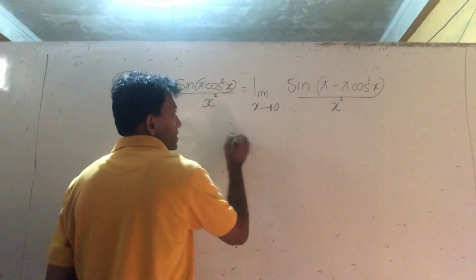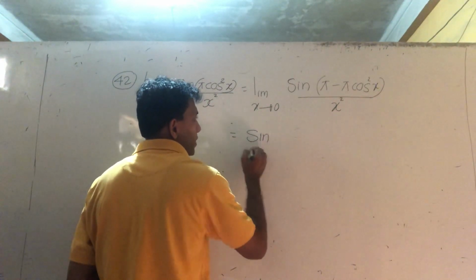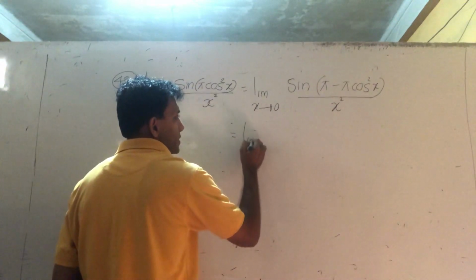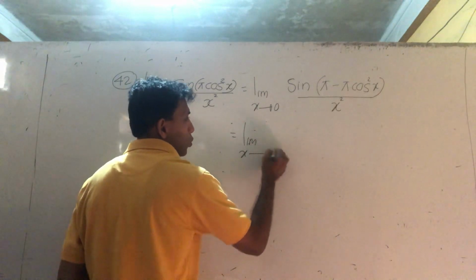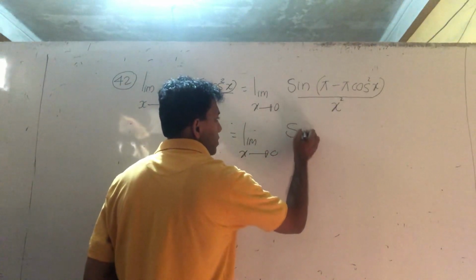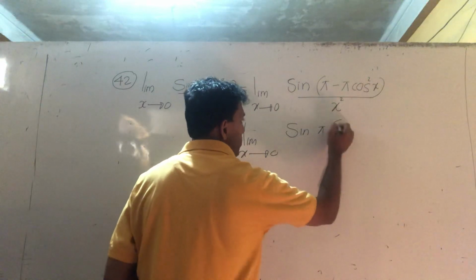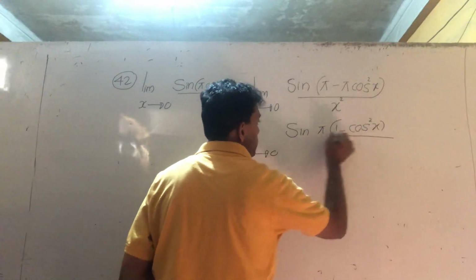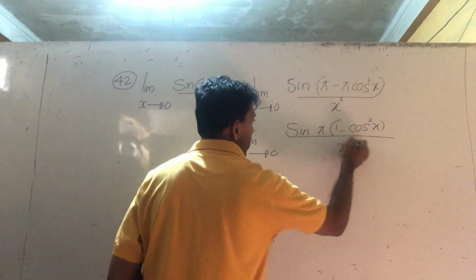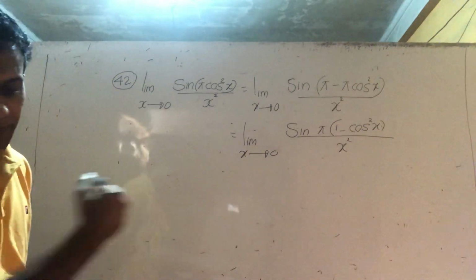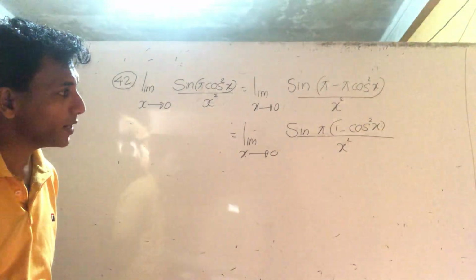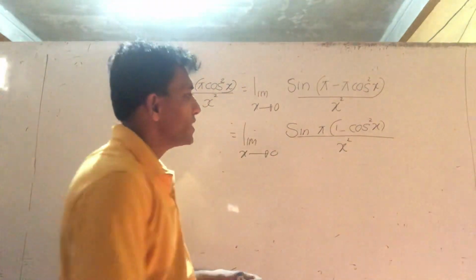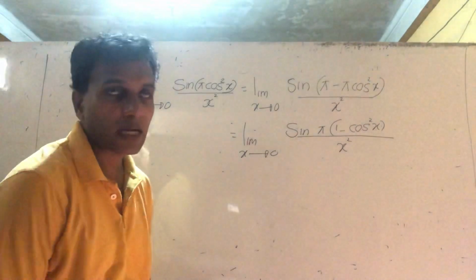Or otherwise, what? Take the pi out. Limit as x tends to 0, if I take the pi out, of sin of pi into (1 minus cos²x) over x². Now we have the general form, the sin theta over theta pattern.